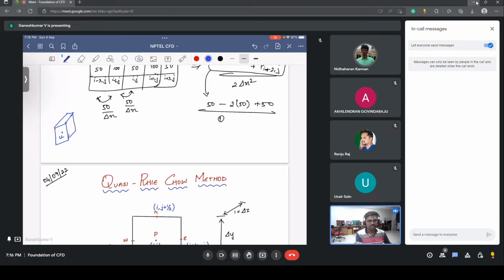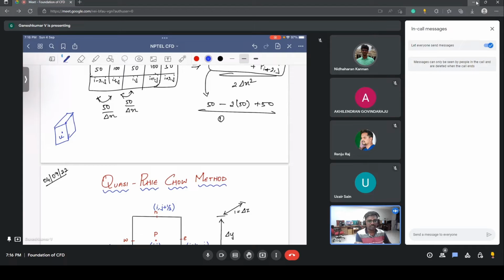Actually, in upwind we take one extra turn along the direction of flow. Here the direction of flow is from right to left. The present cell is here, here we have west, here we have east.